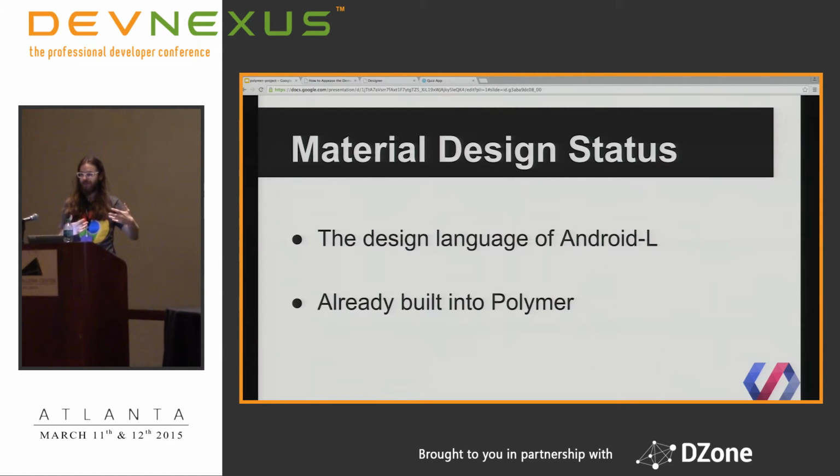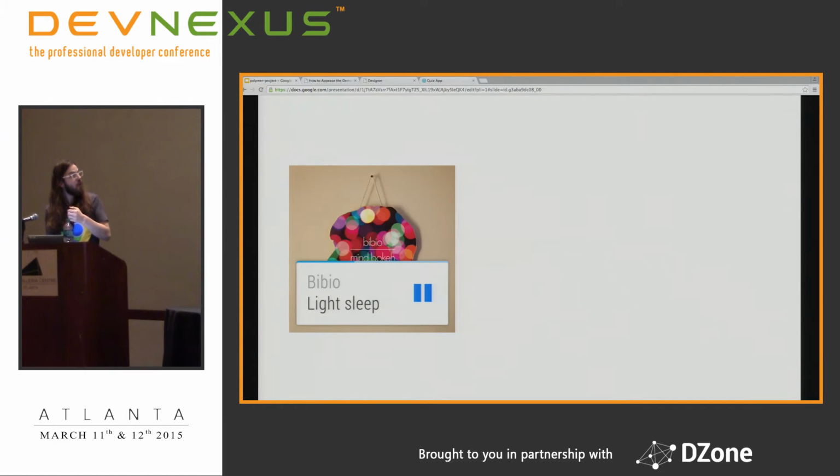Buttons, user interface type stuff, UX type stuff, all that's already material, uses ink to do its coloration. It's already there. So this is an example of the Android Wear with the Android L preview. So it's all based off of how the user will interact with the device.